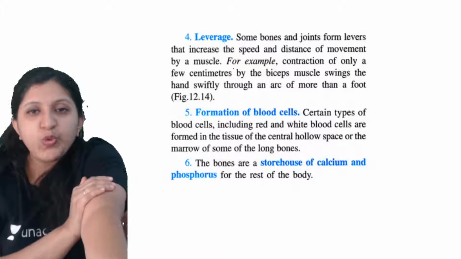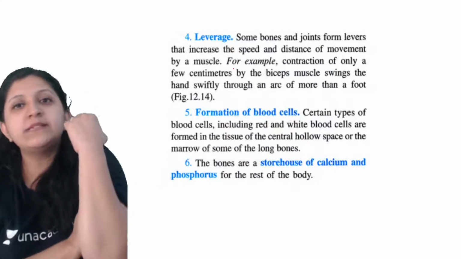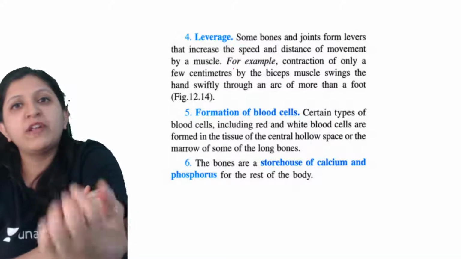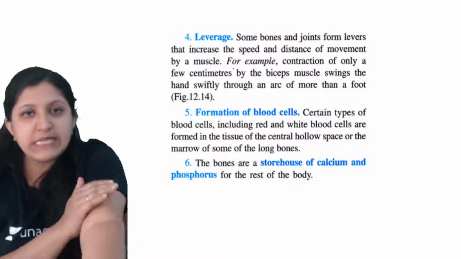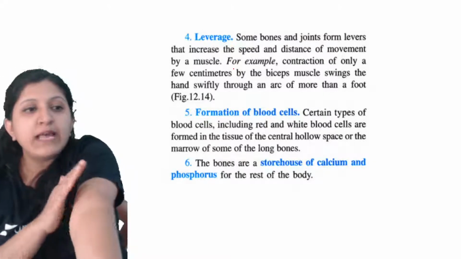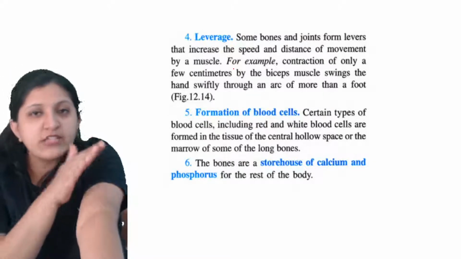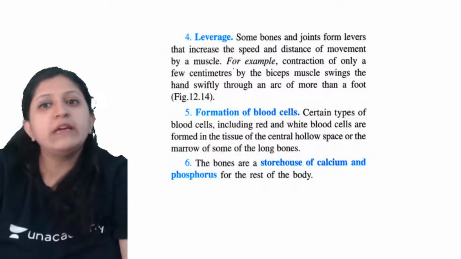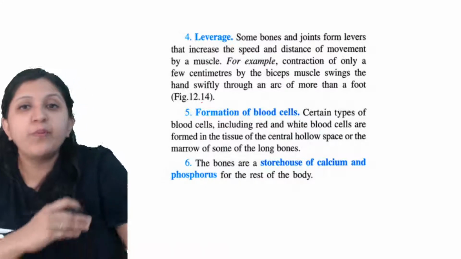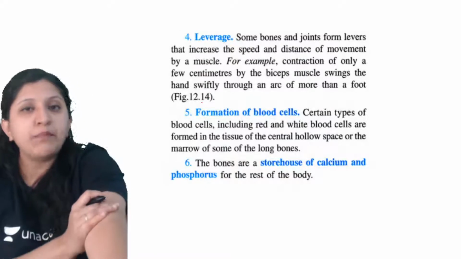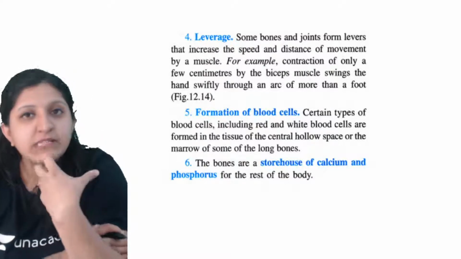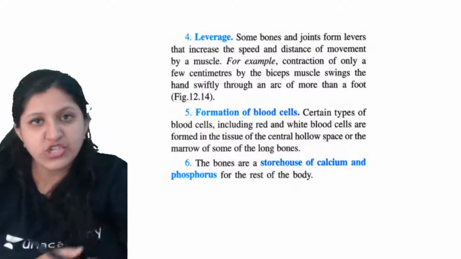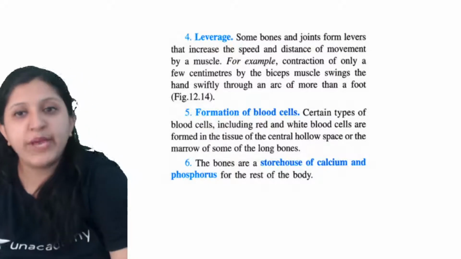You can keep your hand over here and you will realize that the muscles are contracting and relaxing. You can just keep a hand here and feel it. The increase in speed and distance of movement is done by the muscle itself, as contraction and relaxation are happening.